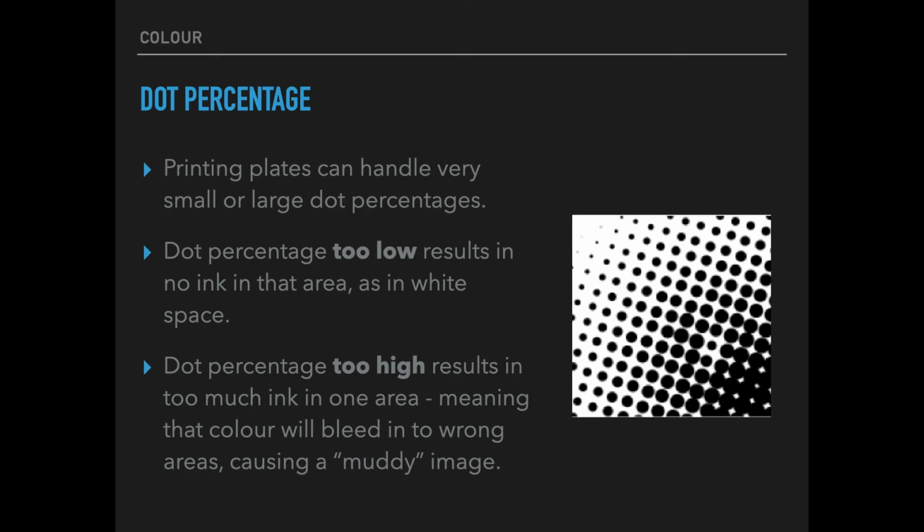Muddy is actually a technical term meaning you just have too much ink in one spot. Think of your preschool days of painting on a page and you just started mixing all your colors and all of a sudden you ended up with these brown spots on your page that you didn't intend to, but you added too much paint. If you add too much ink, it's going to bleed and create a muddy image.